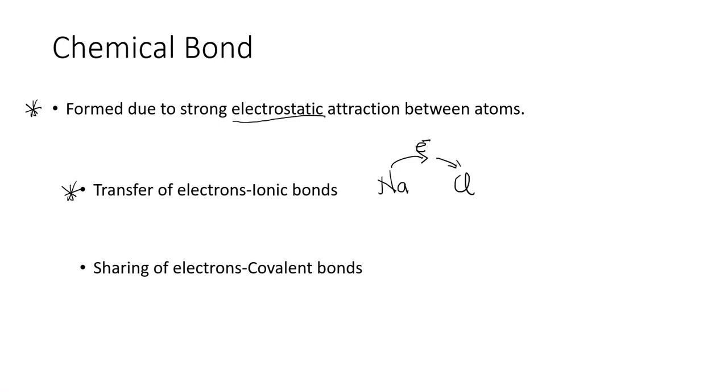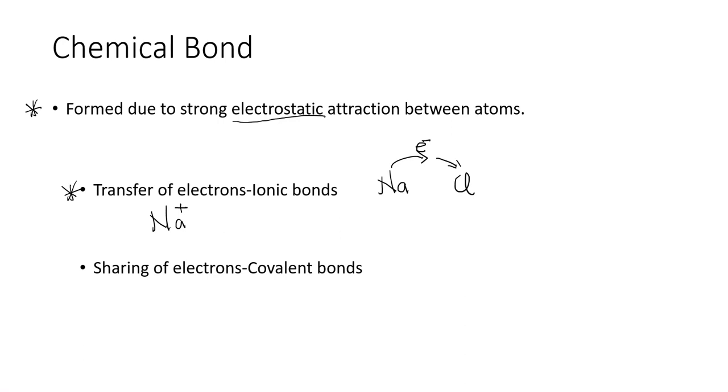So what we remain with when an electron is transferred from sodium to chlorine is a sodium that is lacking one electron, and because of that it will be positively charged.